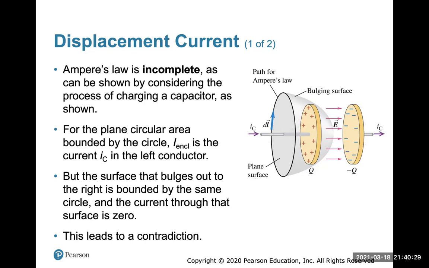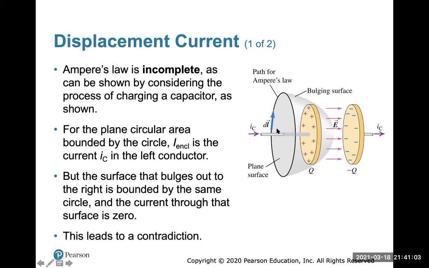But that isn't the only surface we could draw that uses the same circular loop. Ampere's law says absolutely nothing about which surface to draw. It's like Gauss's law. It doesn't matter whether we draw a sphere or a cylinder or some other shape, as long as it's a closed surface, it doesn't matter. So we could imagine like a bubble wand.